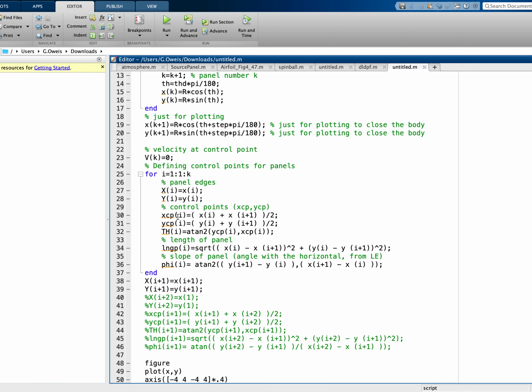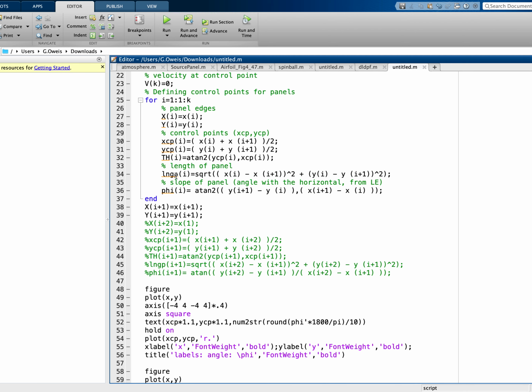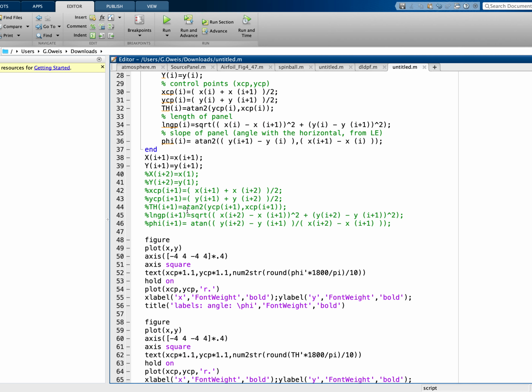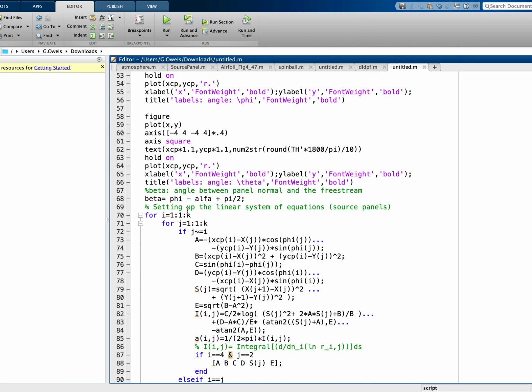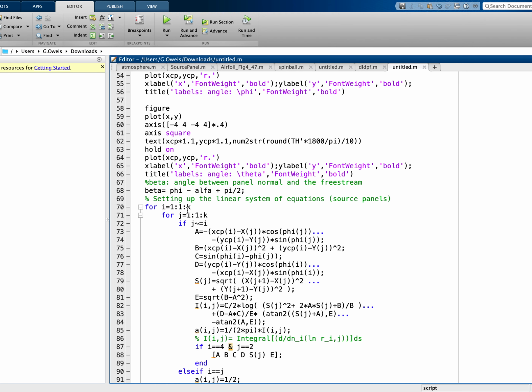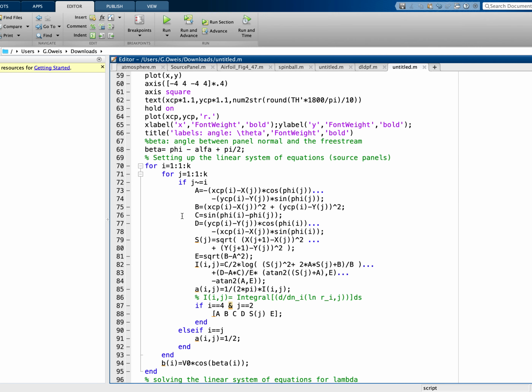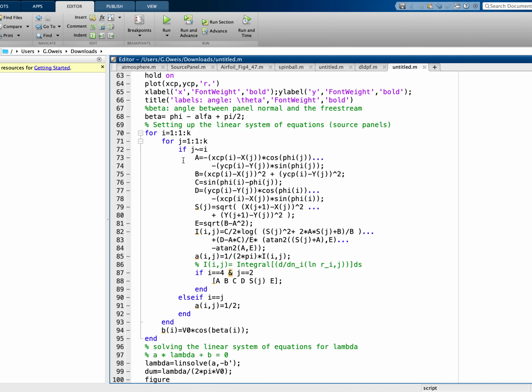So then I get my control points, and then I get the length of my panel, and I get the slope of the panel. That's the angle phi, and then you can do some plotting to make sure that you're getting the right shape that you thought you were putting in.